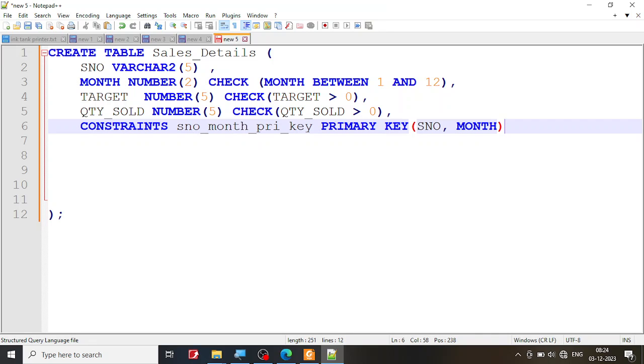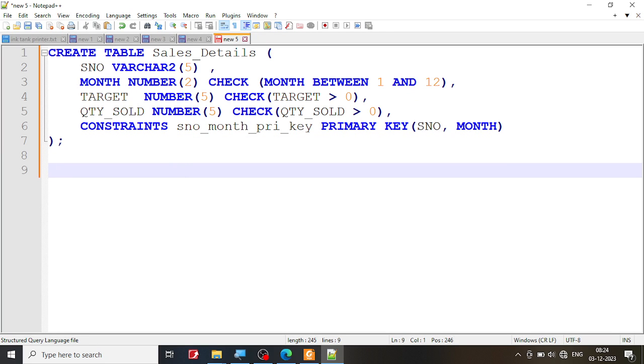Now again, if you want, you can specify that the month and the serial number are not null. But because I have made the combined thing the primary key, naturally the month and serial number are obviously not null, because they are part of the primary key now.